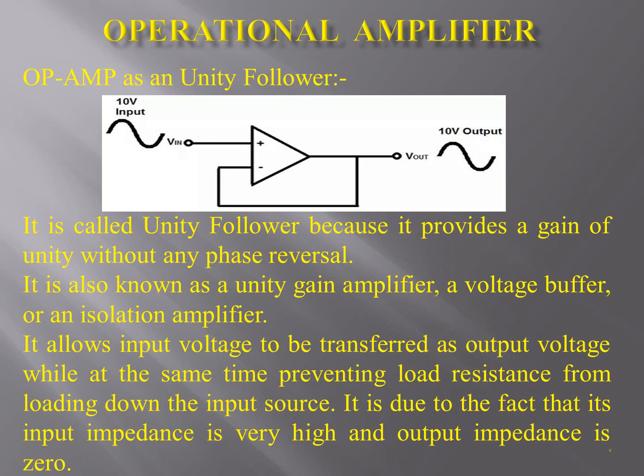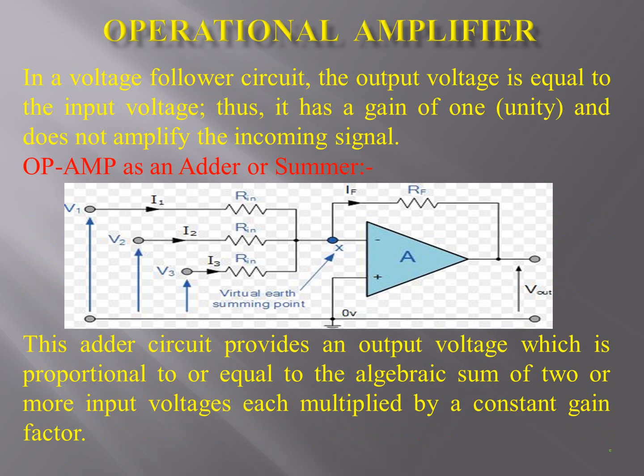It allows input voltage to be transferred as output voltage while at the same time preventing load resistance from loading down the input source. It is due to the fact that its input impedance is very high and output impedance is 0. In a voltage follower circuit, the output voltage is equal to the input voltage. Thus, it has a gain of 1, means unity, and does not amplify the incoming signal.